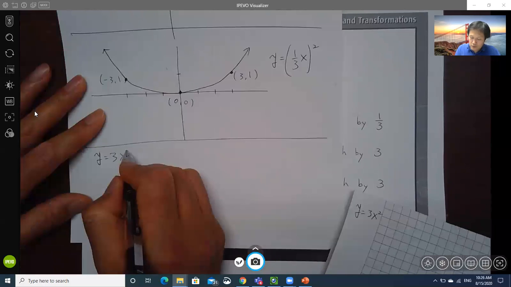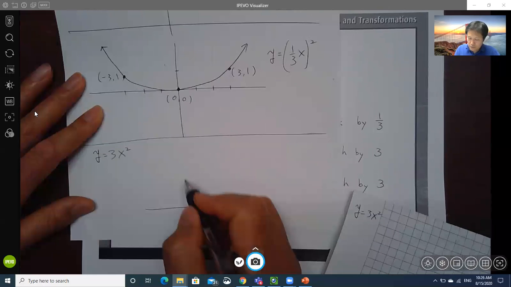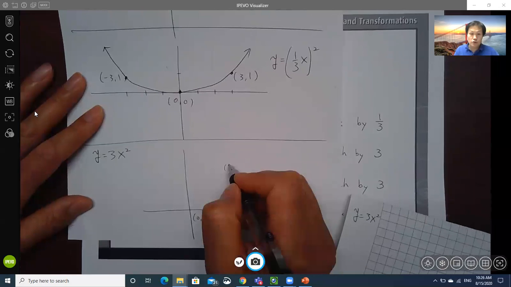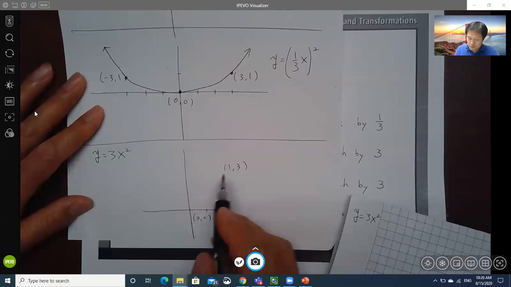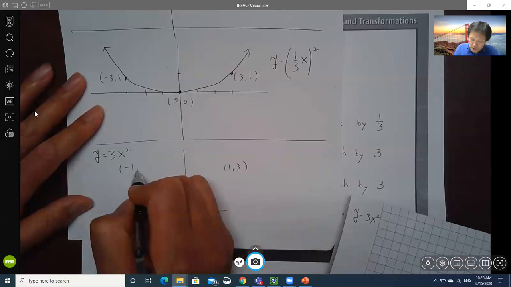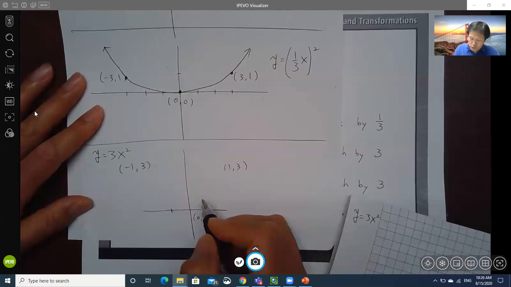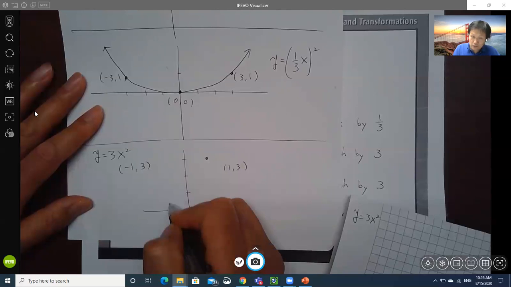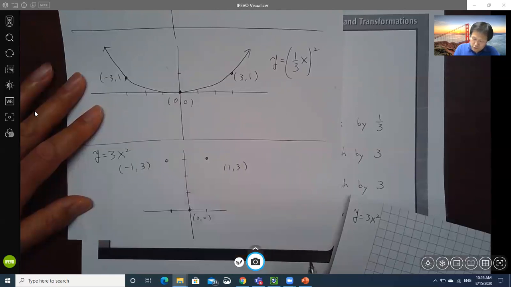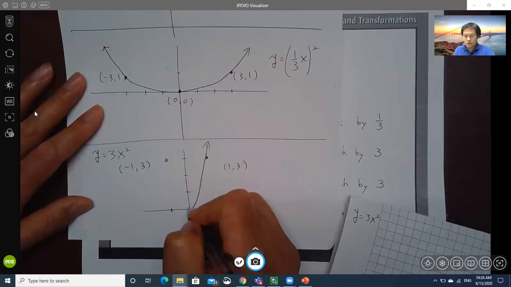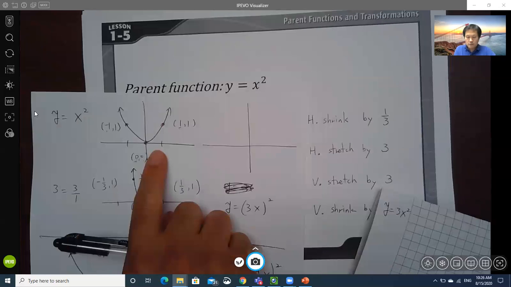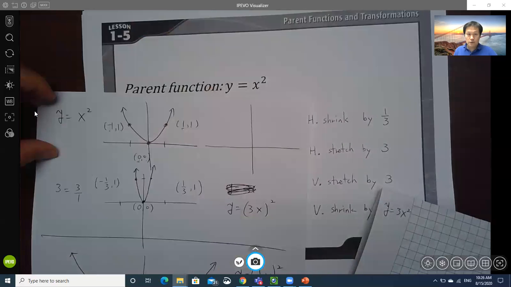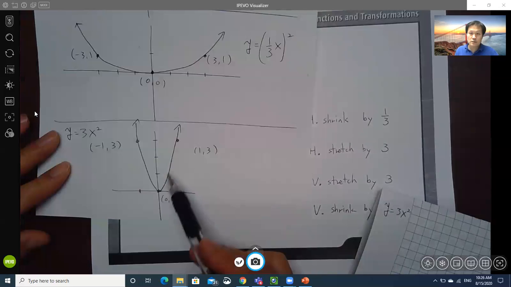Because you multiply the y value by 3. So you have 1, 2, 3 here, here, here. So your graph would stretch vertically, right? You're going to grab this graph and stretch it vertically. The overall graph would look something like this.